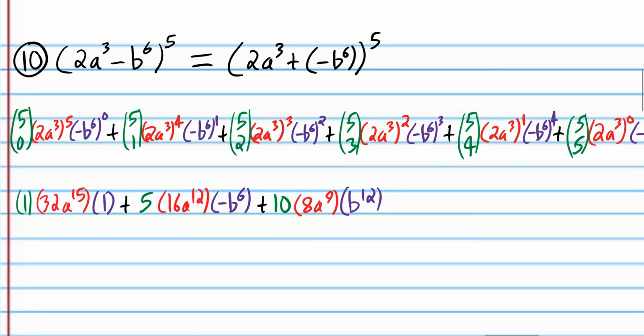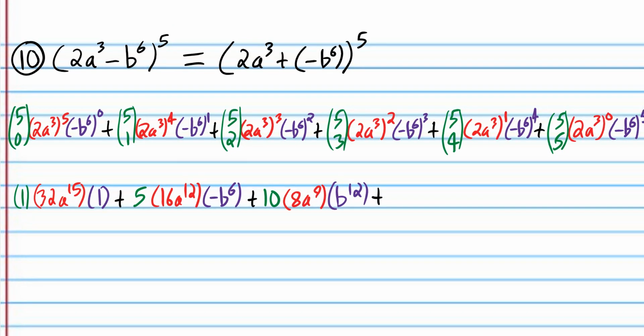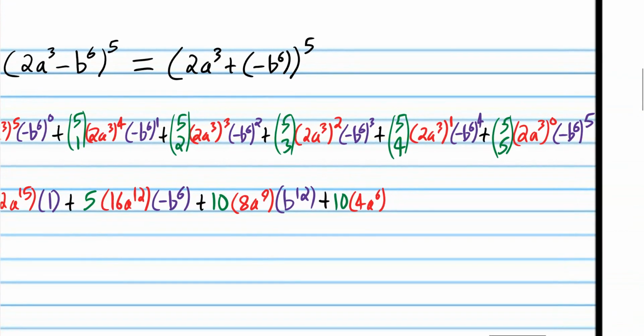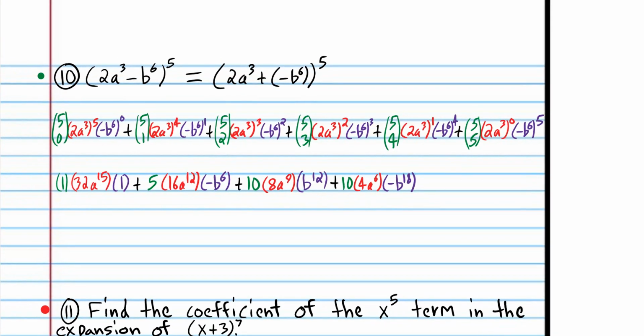So now we're going to choose 3 things out of 5 things. And that's going to give us 10 again. And 2a cubed to the 2nd power is going to be 4, a to the 6th power. And negative b to the 6th raised to the 3rd power is going to give us negative b to the 18th power. And we can probably shrink some of this stuff.